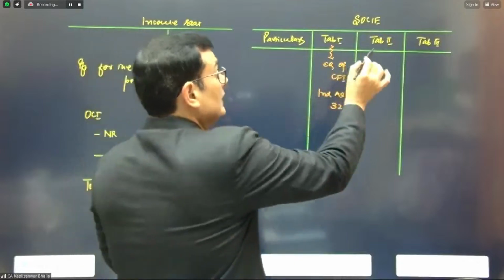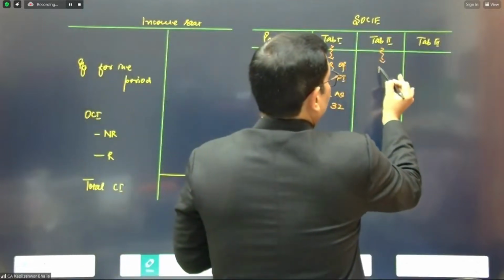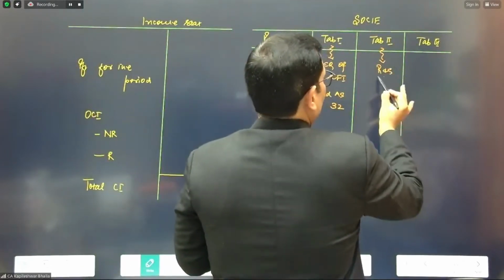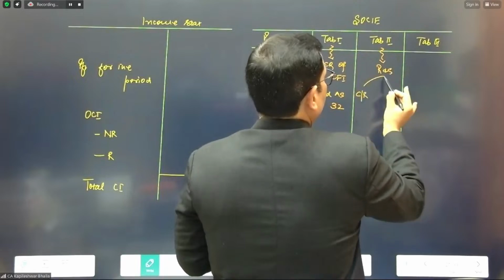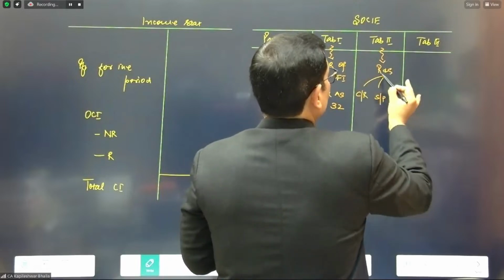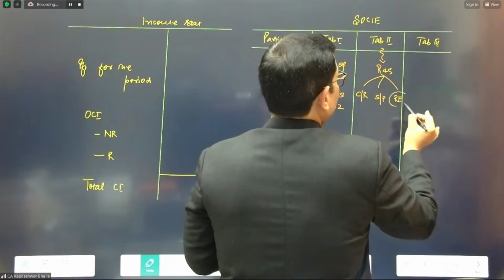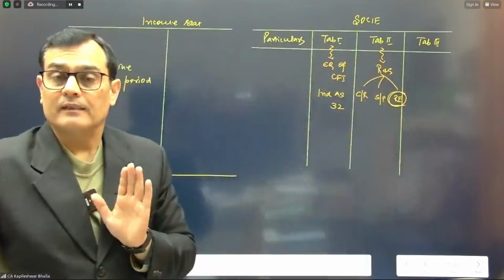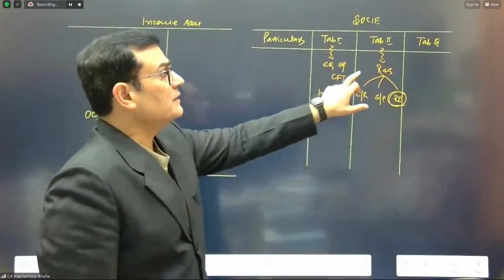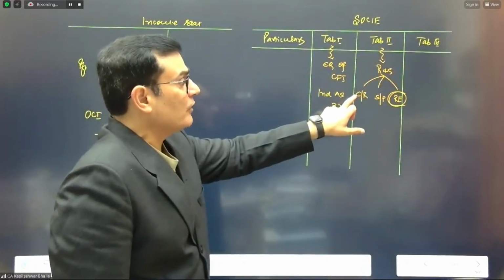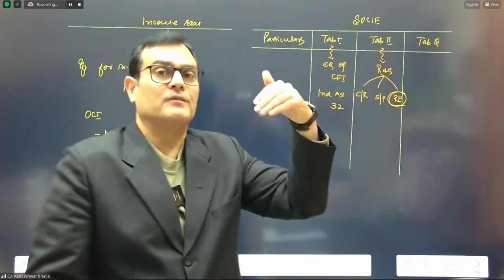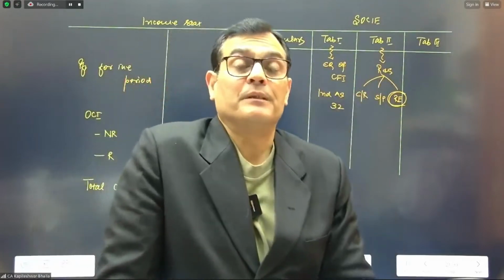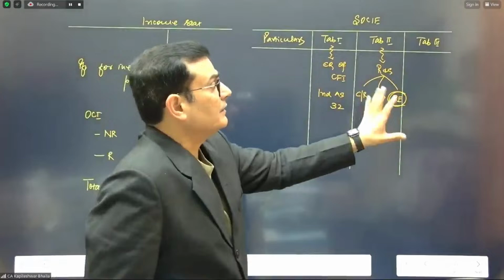The tab number 2 is called the reserve and surplus, which has got various items like capital reserve, security premium, and most importantly, retained earnings. The tab number 2 is the reserve and surplus, which comprises a lot of components like capital reserve, share premium, and there is retained earnings.